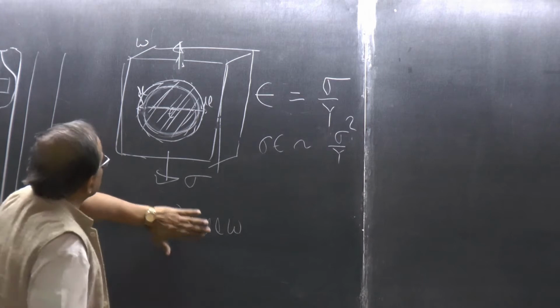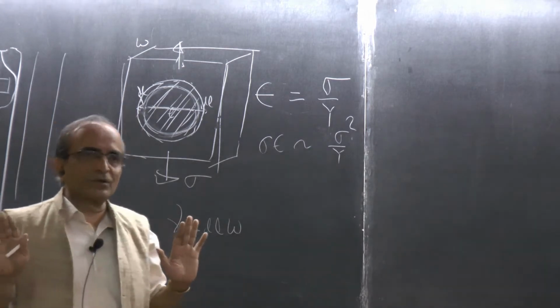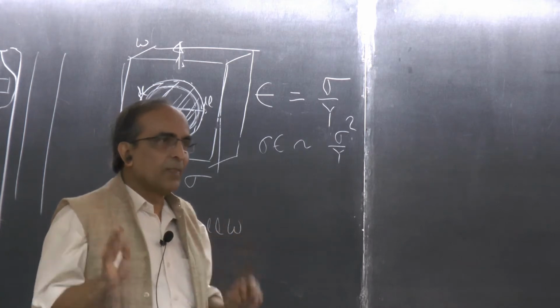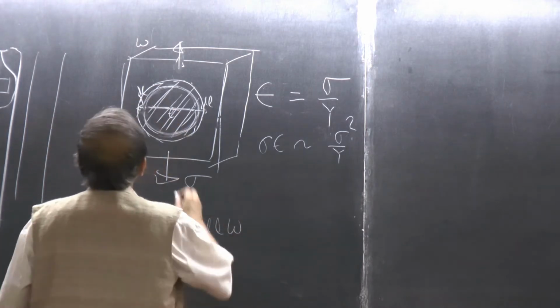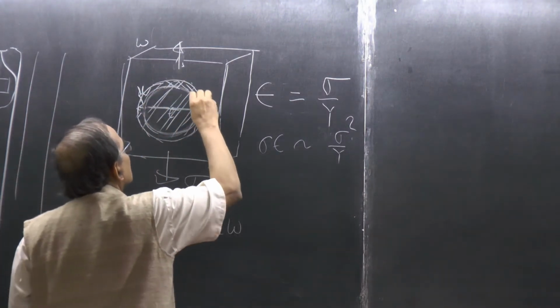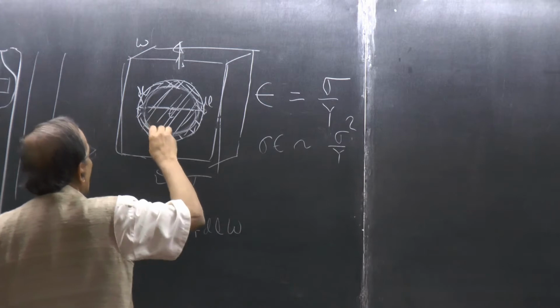Then this much energy I must provide, otherwise this surface will not open up. That must come from the extra elastic energy lost from this annular region only.